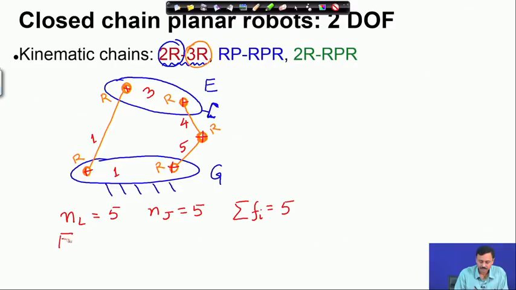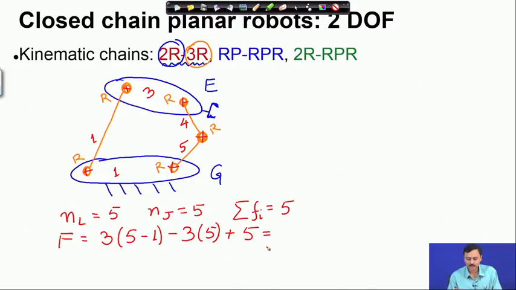Therefore, the degree of freedom is 3 times the number of links minus 1, minus 3 times the number of joints, plus the summation of degrees of freedom of each joint. So, this turns out to be 2. This has 2 degrees of freedom.